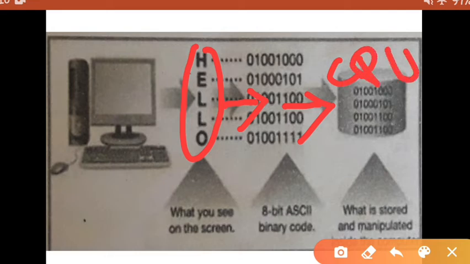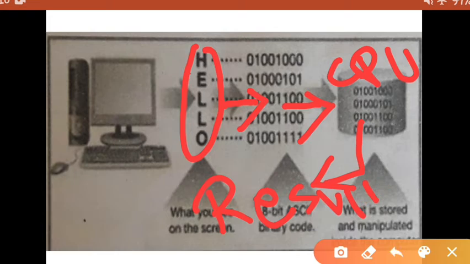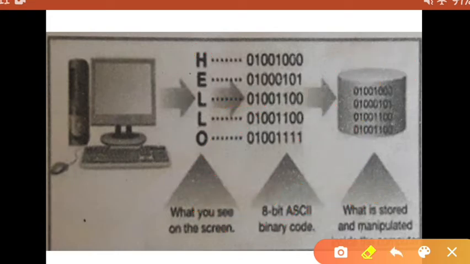After solving your problem, the CPU will give the output and you will get the result. This way your computer understands all the data you are giving, converts it and gives you output.